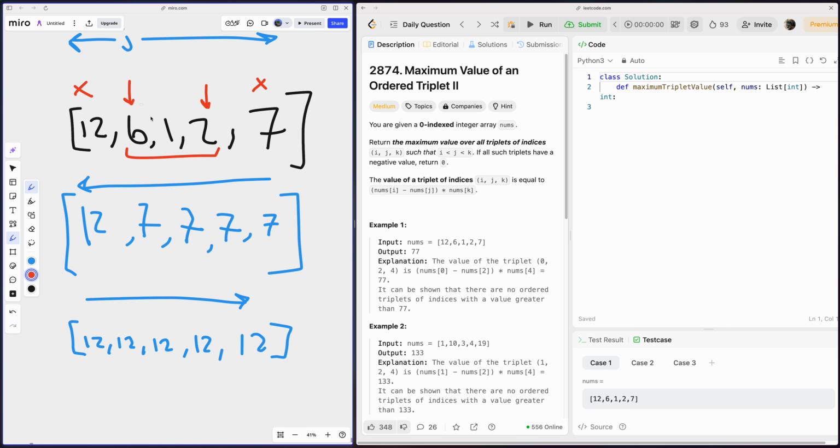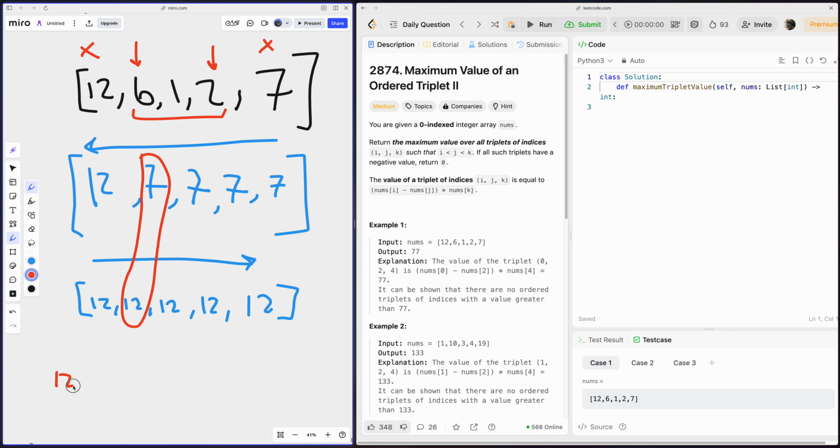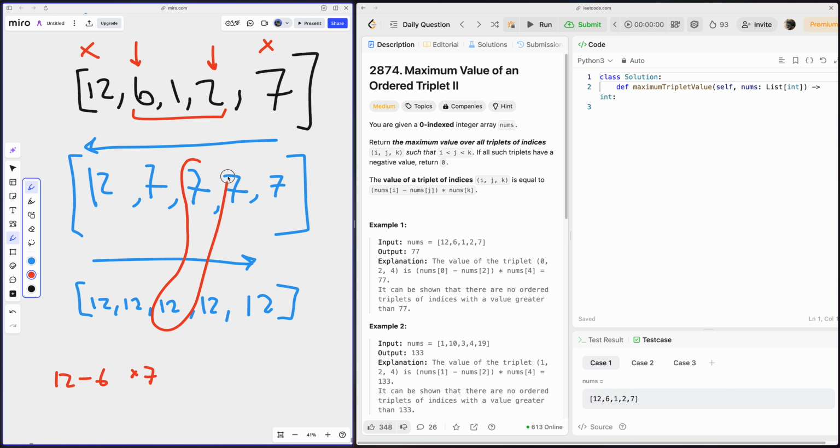So here's our pool. If we take the first index, we're doing 12 minus 6 times 7. Okay, and then I think that's how we would solve this. And then if we do this 0, 1, 2 index, we would do 12 minus 1 times 7.